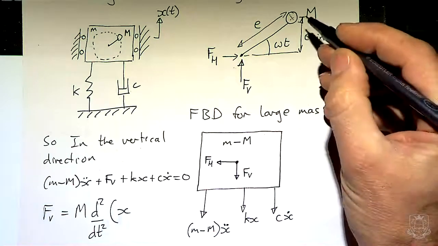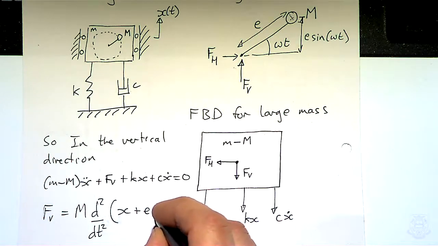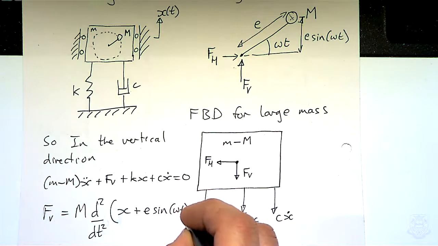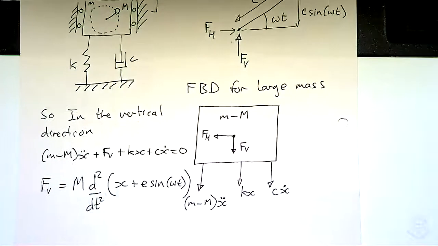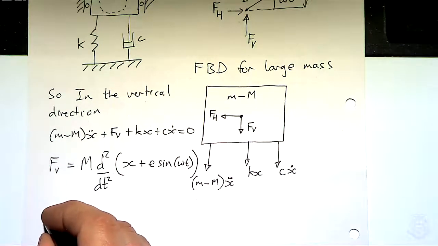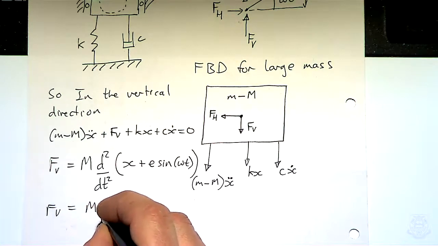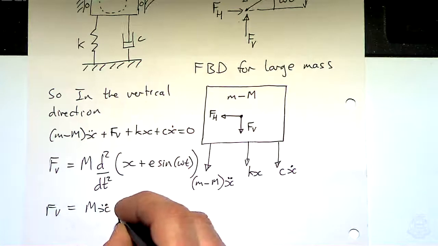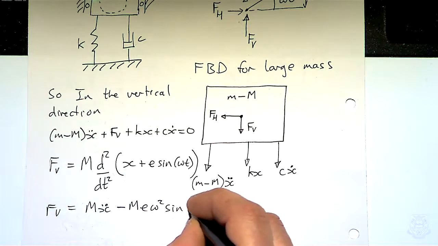So my total displacement is x plus e sine omega t. If I do that differentiation, I get that Fv is equal to Mx double dot minus Me omega squared sine omega t.